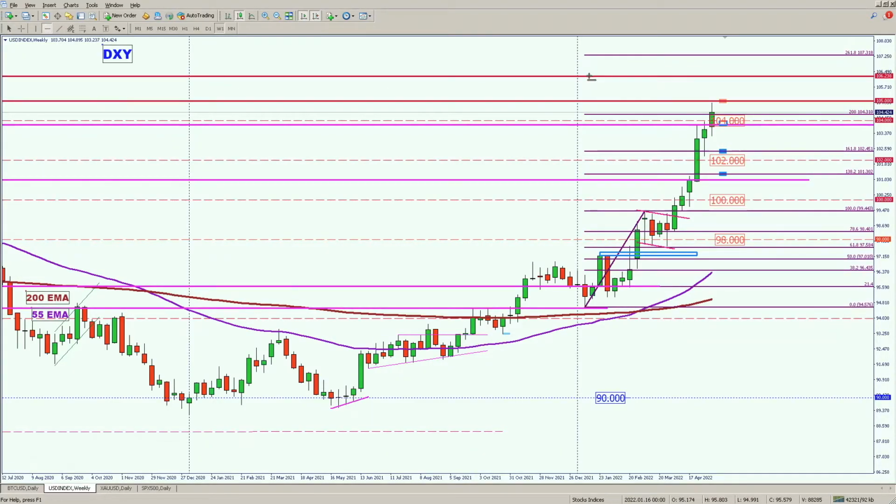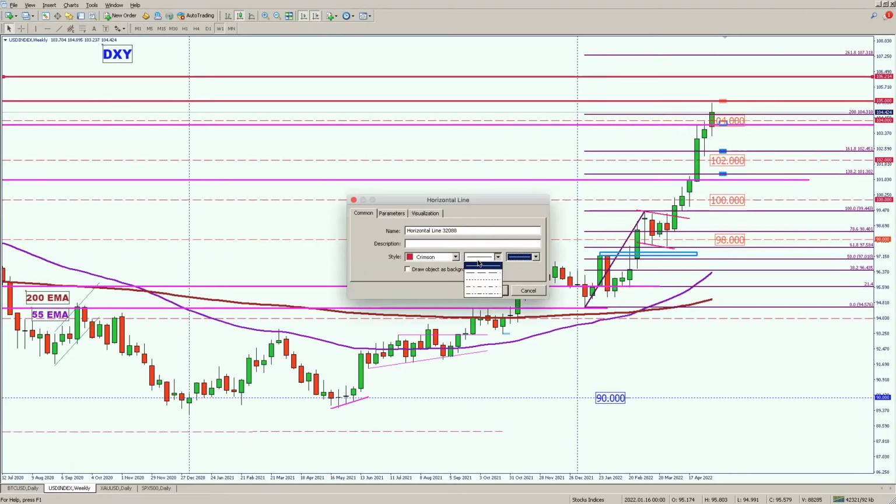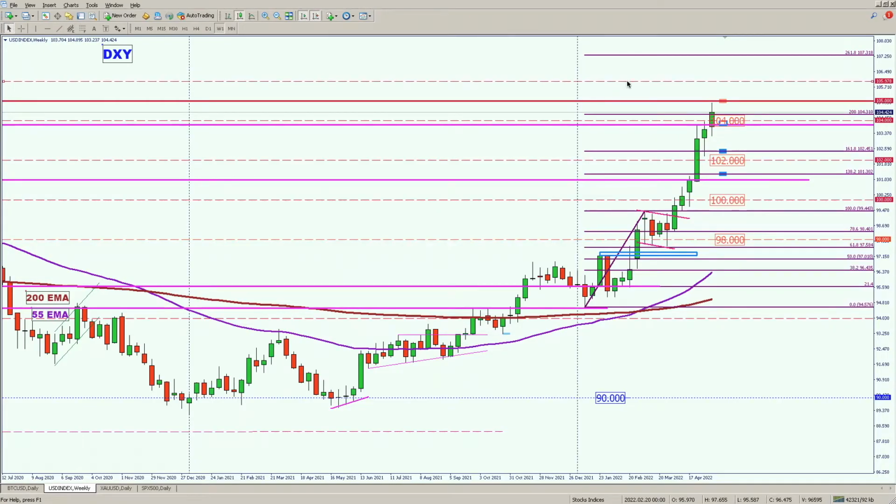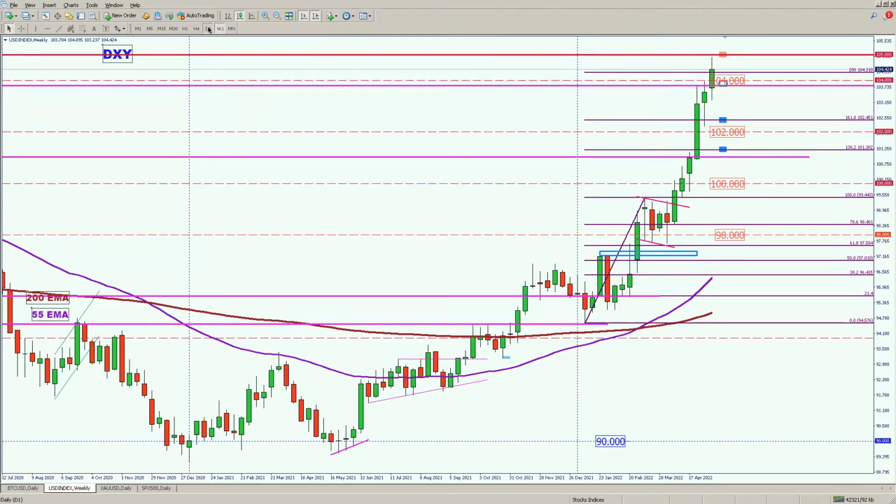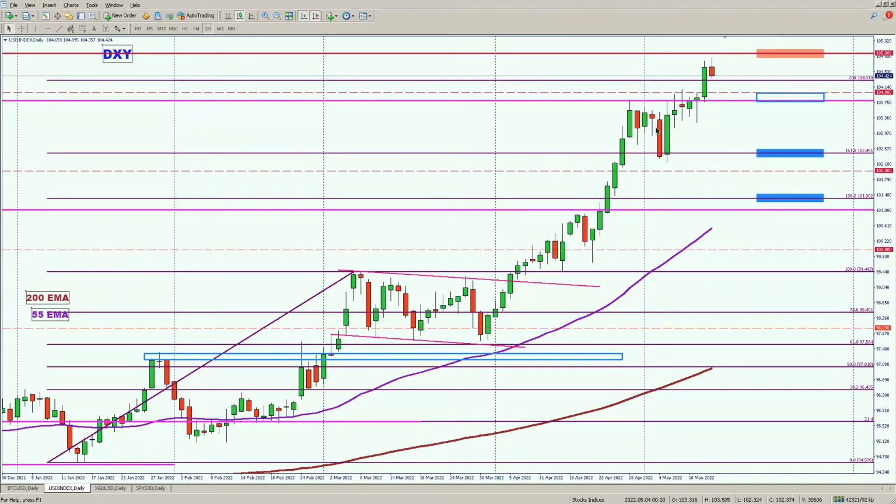Let's see how far 106 is, and let's mark this as resistance as well, that 106. All right, but there could be just signs of consolidation for a while. All right, let's move back to the other pairs and continue with the other pairs analysis.